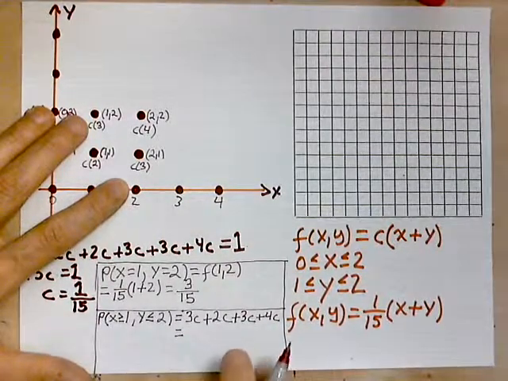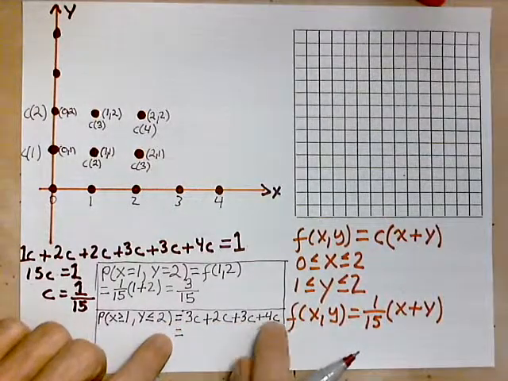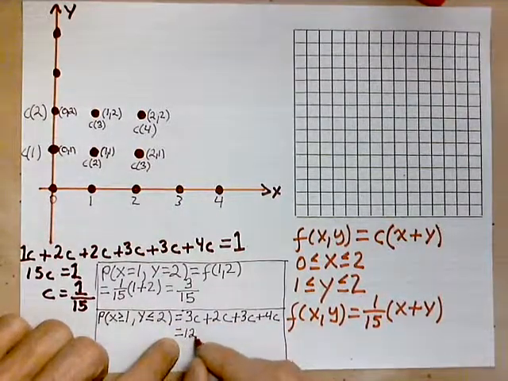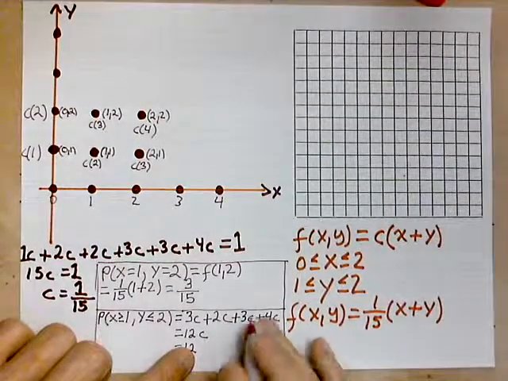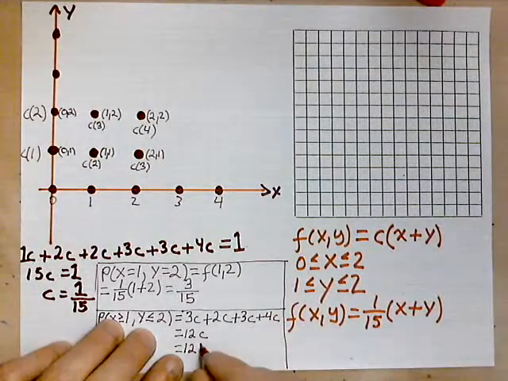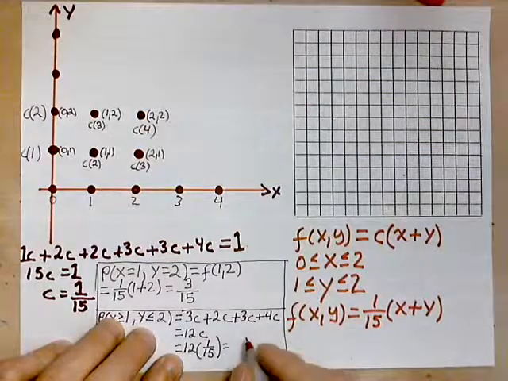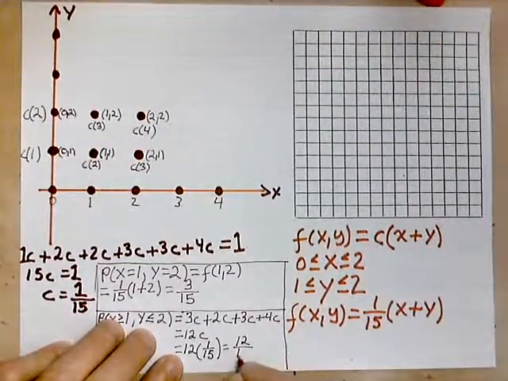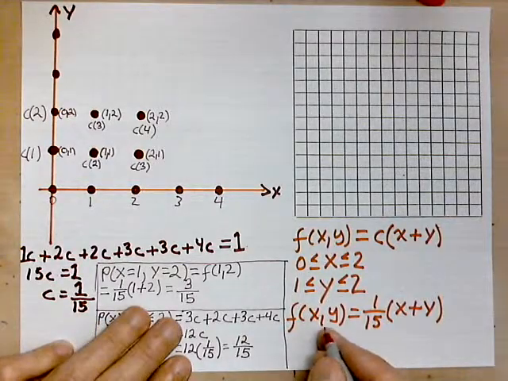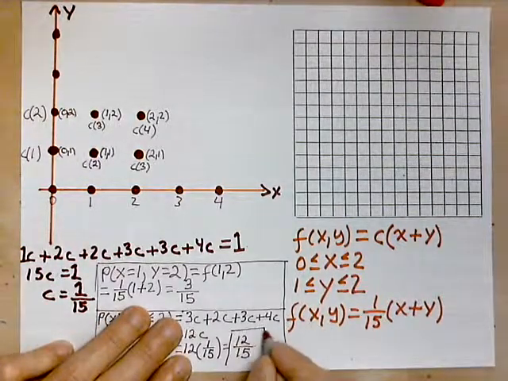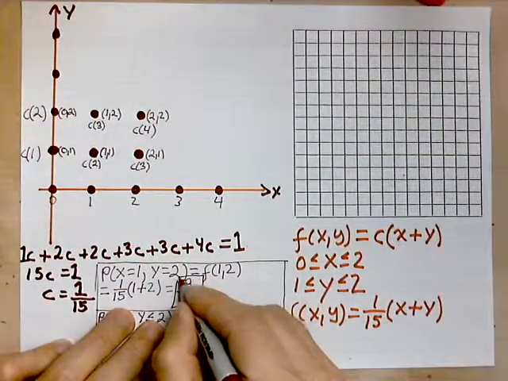Add up the c's: 3 and 2 is 5, and 3 is 8, and 4 is 12. So we have 12c, but we know that c equals 1 over 15, so we have 12 over 15. So that is the probability for this one. This is the probability for the previous one.